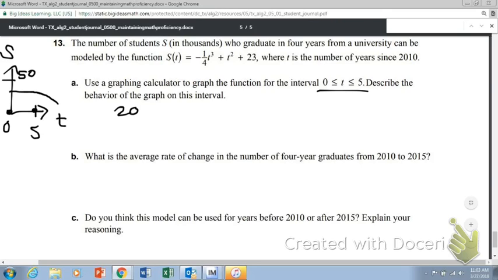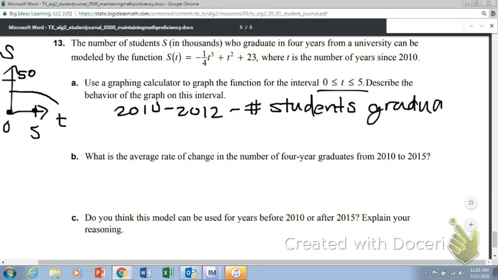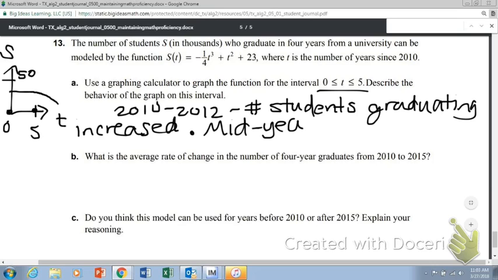So they're saying here from 2010 to 2012, the number of students graduating increased, and then mid-year 2012, the numbers started decreasing.